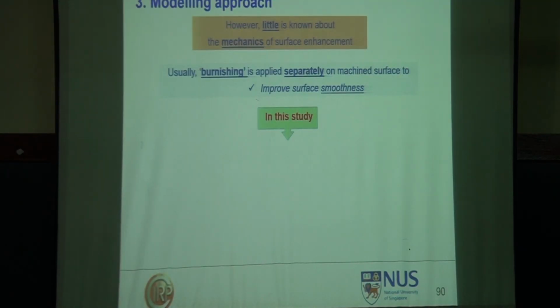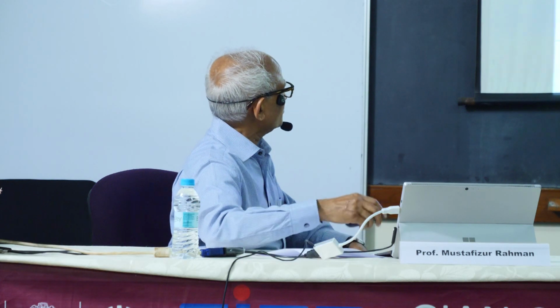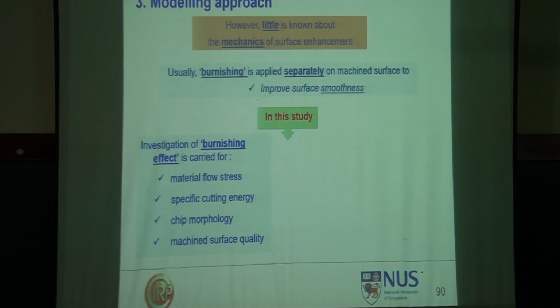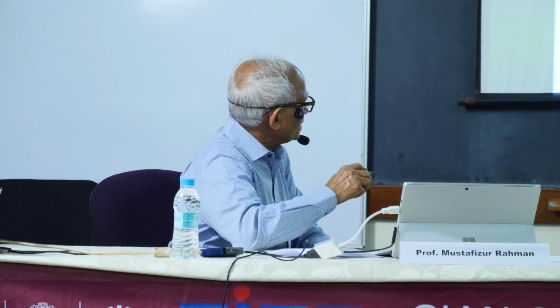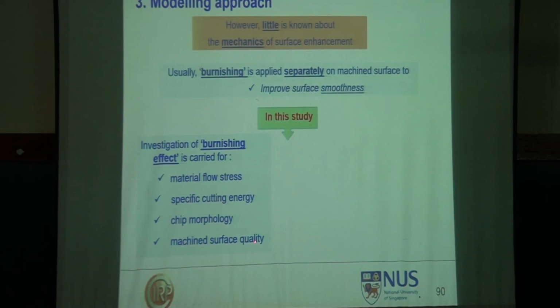So in this study he tried to investigate the burnishing effect. Then comes the boundary condition: what we need to know about burnishing. He found these are the factors we should analyze: the material flow stress, the specific cutting energy, the chip morphology, and machined surface quality. So he set his boundary condition.